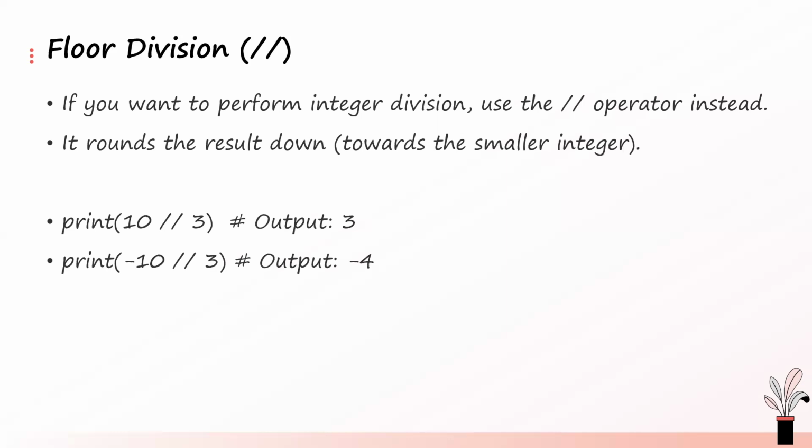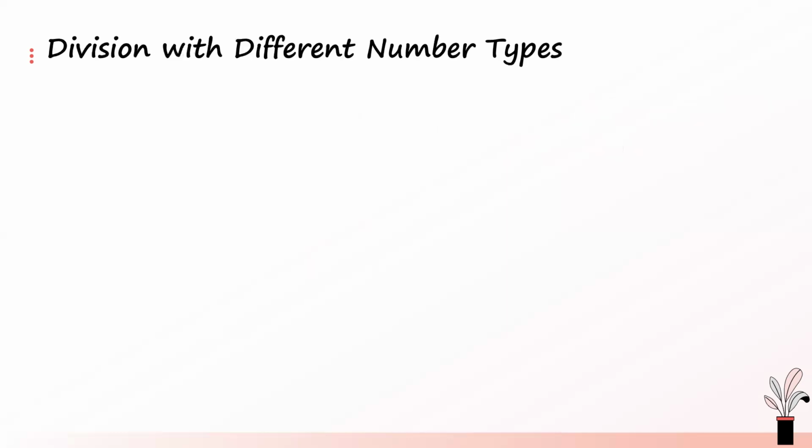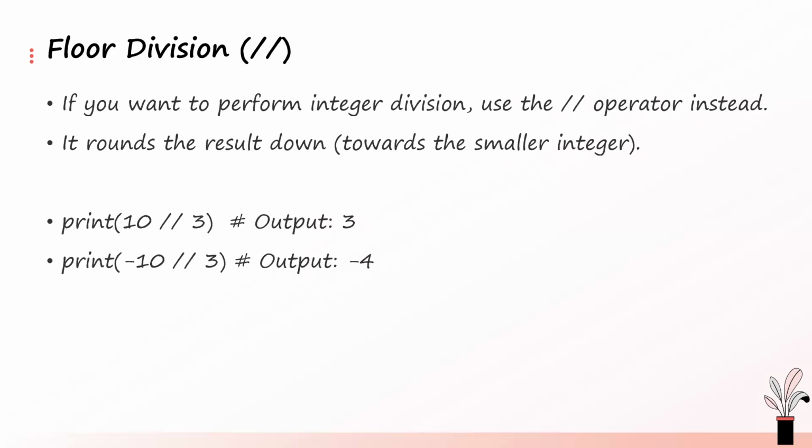If you do something like minus 10 floor divided by 3, it's going to give you minus 4. This is somehow crazy. 10 divided by 3 gives you 3, but minus 10 divided by 3 gives you minus 4.